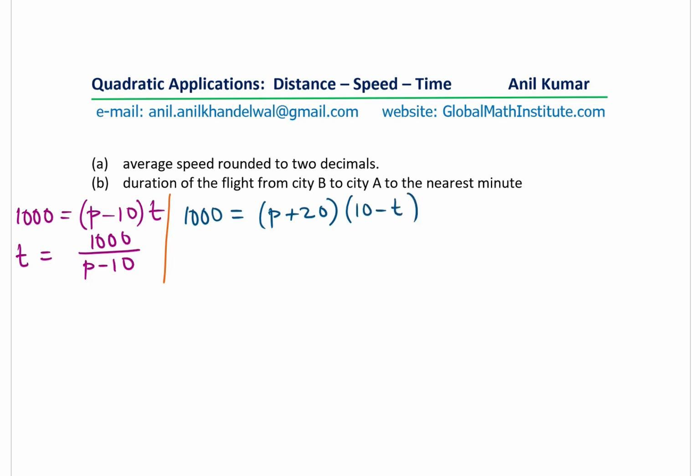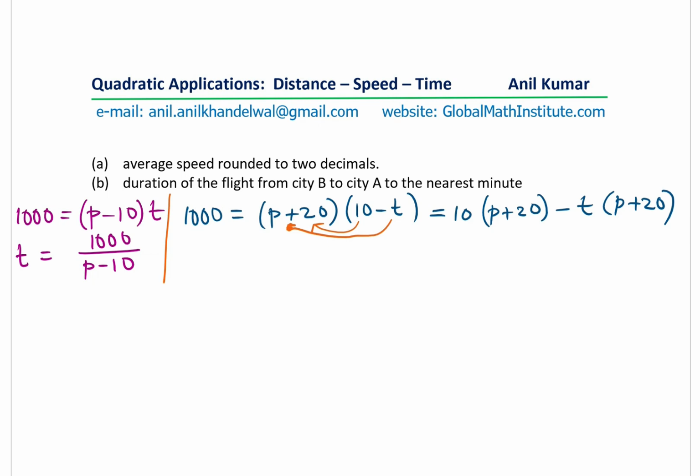Total time was 10, so t has been for one part of the journey, 10 minus t for the other part. This we can expand, and we can write this as 10 times p plus 20 minus t times p plus 20, right? So we just expanded this part, multiplying with 10 first and then with minus t.